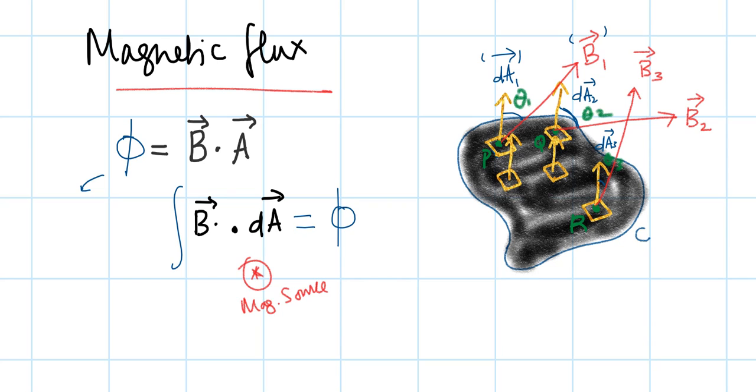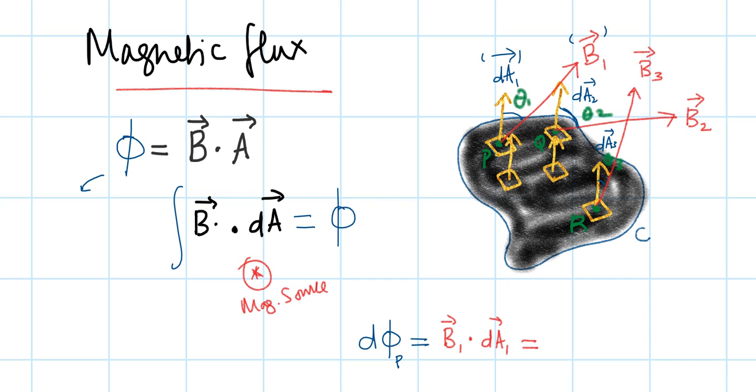Now suppose you wanted to just find the magnetic flux through the point P, what would it be? Just to analyze that tiny amount of magnetic flux, say d phi at P, it could be done just by performing the dot product B1, because B1 is the magnetic field at P, dot dA1, the tiny infinitesimal area surrounding the point P. And you know how to analyze a dot product.